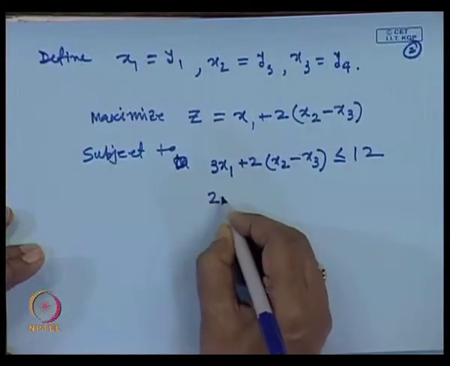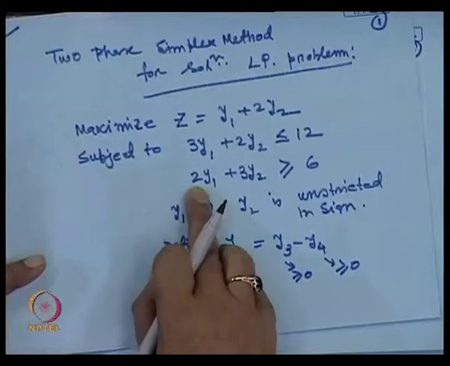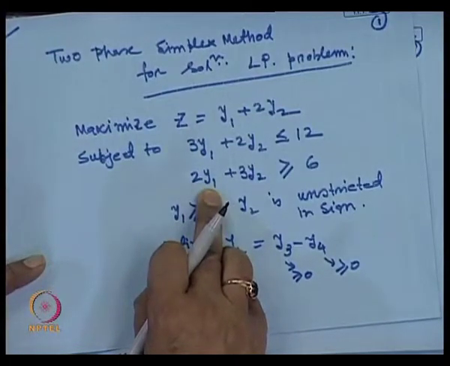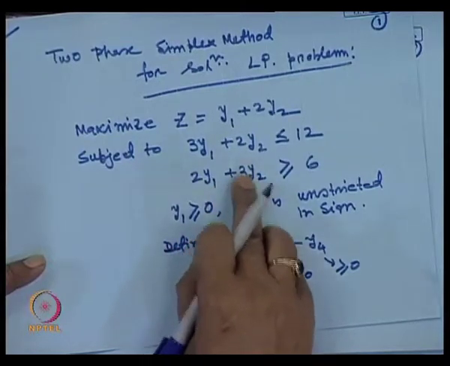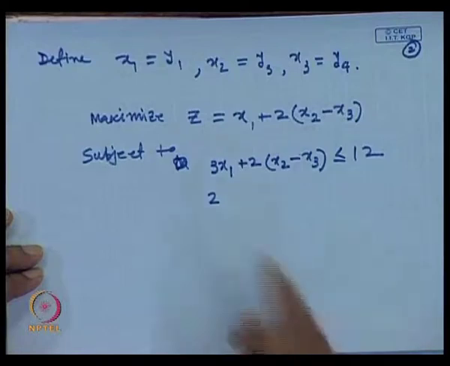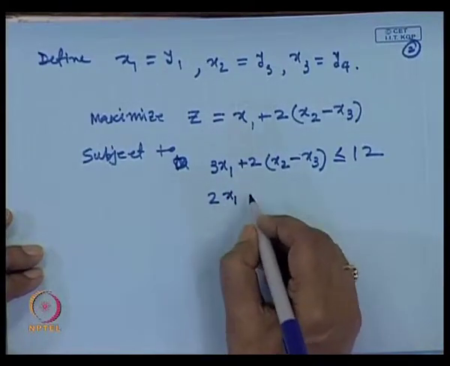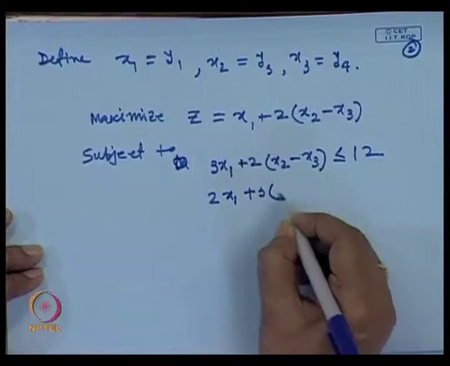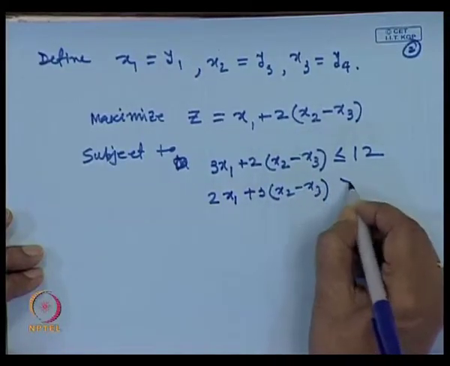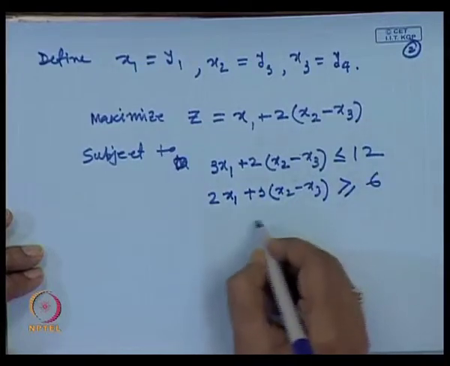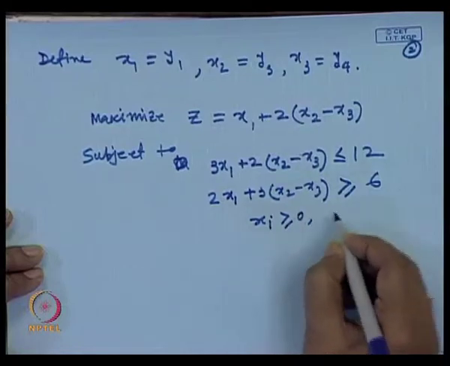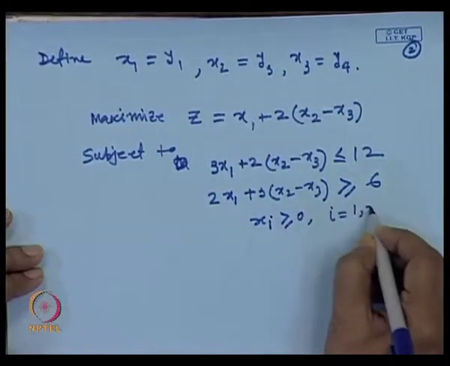Then the second inequality: twice x 1 plus 3 x 2 minus x 3 is greater than or equal to 6. And x i is greater than or equal to 0 for i equal to 1, 2, 3.